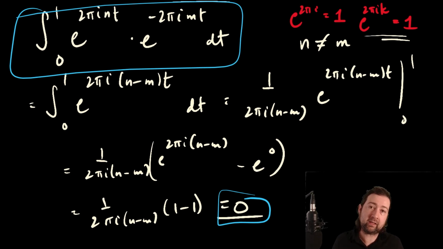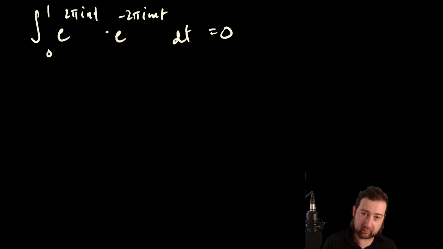This actually guides our selection of an inner product for the spaces that these functions build up. So what space of functions can we use, knowing that the integral from 0 to 1 of e to the 2 pi i n t times e to the minus 2 pi i m t dt is 0?